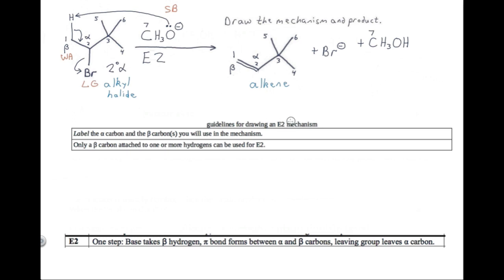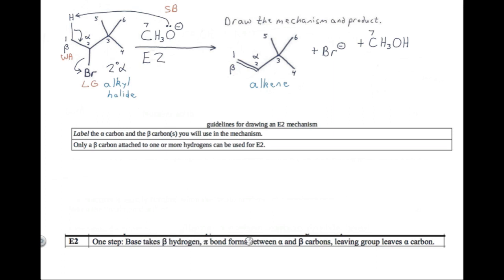We've seen that even though there's only one step in an E2 mechanism, it's actually quite a complicated mechanism because 3 things happen simultaneously in that one step, which means that you need to draw 3 electron-pushing arrows for that one step. So it's very important now that you pause and memorize these 3 things. You should now pause the video and take as much time as you need to memorize these 3 things that happen during the one step of an E2 mechanism.